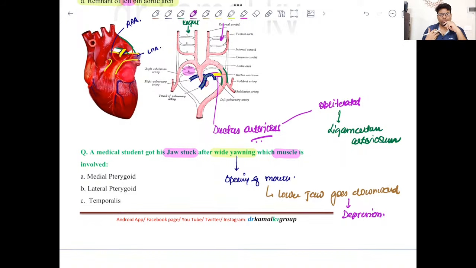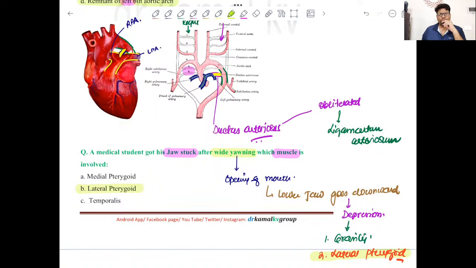So opening of the mouth is depression of the mandible. And this depression is brought about by two factors. Number one is, of course, gravity, because it is in the direction of gravity. And second is the lateral pterygoid. So this question is nothing but just the action of lateral pterygoid. This is the concept behind this particular question.